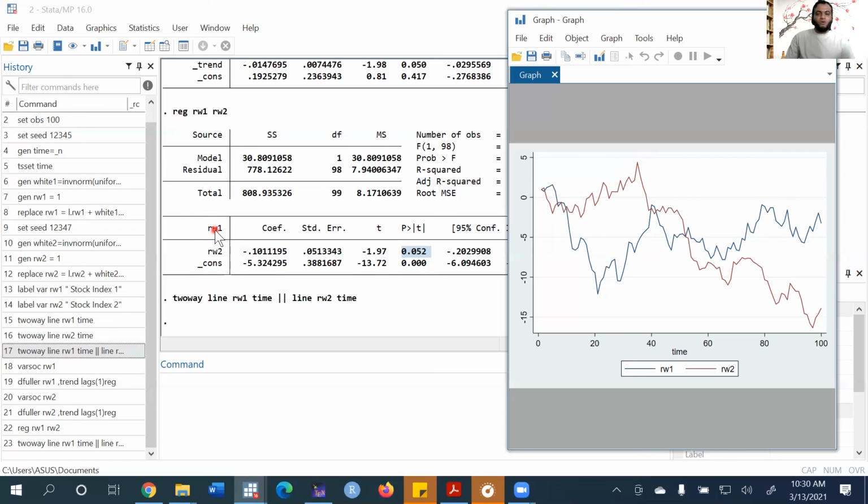So when we use non-stationary time series in our regression analysis, it might lead to meaningless estimates. When we use non-stationary variables in our regression model, it would give us a spurious or meaningless relation. Therefore, we cannot use non-stationary time series in our regression analysis.